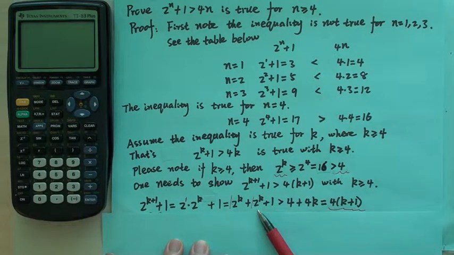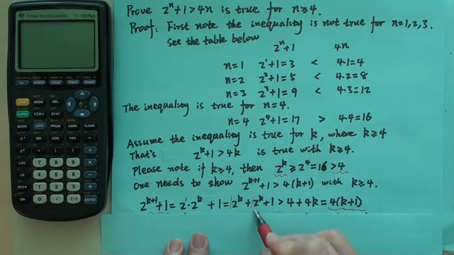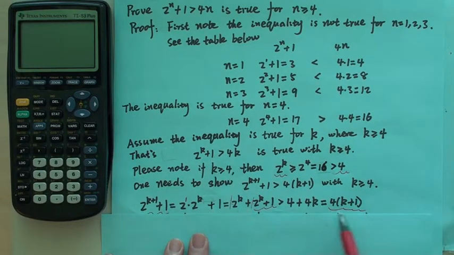Now, look at this one. 2 to the k plus 1, right here, is greater than 4k. So this thing is actually greater than 4k. And previously, we also noted 2 to the k is greater than 4.